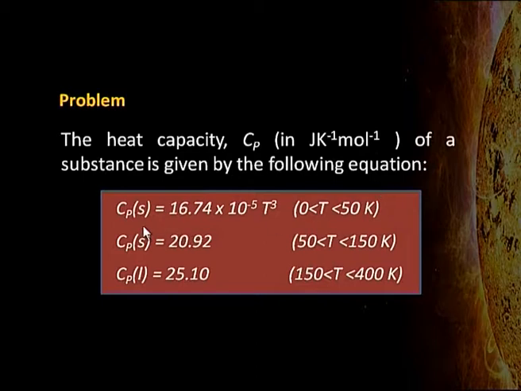Cp of solid is equal to 16.74 into 10 to the power minus 5 T cube, when T is between 0 and 50 Kelvin, and Cp of solid is equal to 20.92 when temperature is between 50 and 150 Kelvin, and Cp of liquid is equal to 25.10 when temperature is between 150 to 400 Kelvin.